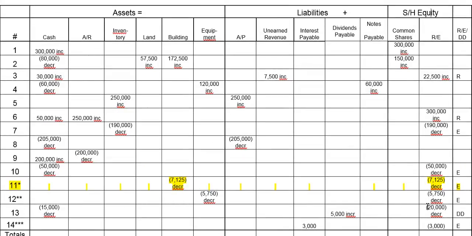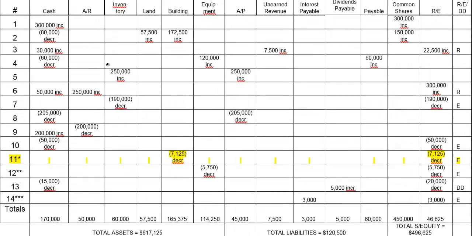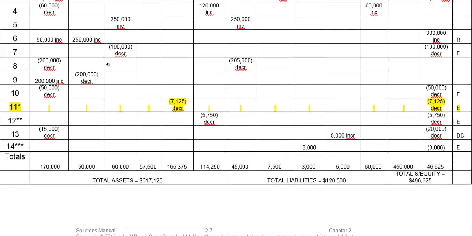So now we've got our equity reduced because retained earnings is being reduced by $20,000, and we got our liabilities increasing. So on the right-hand side of this equality, there's your equal sign, on this side at net, you've got your liabilities and equities going down by $15,000. You got your assets going down by $15,000 because your cash went down by $15,000. So now you can see that the accounting equation is in balance.